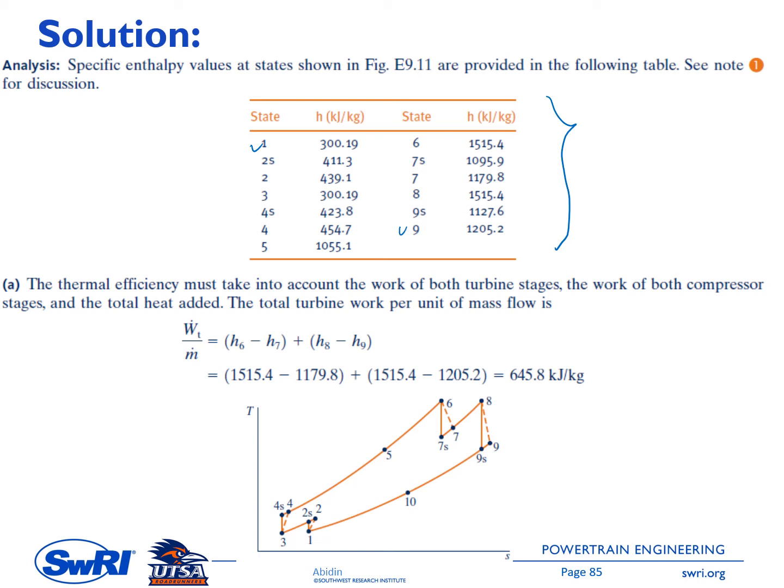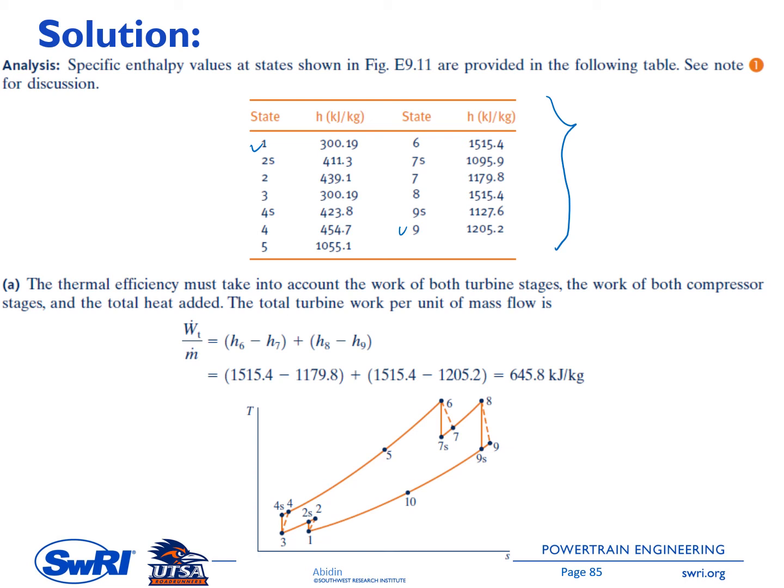We don't need to consider state number 10, at the exit of the regenerator from the hot stream side, because we don't need it. Once we are done specifying the enthalpy at each state, we are ready to answer the question.